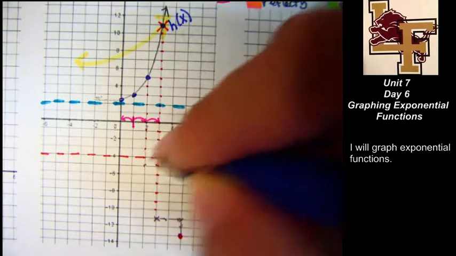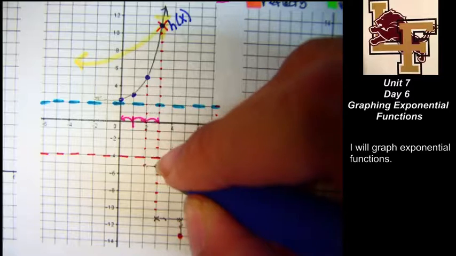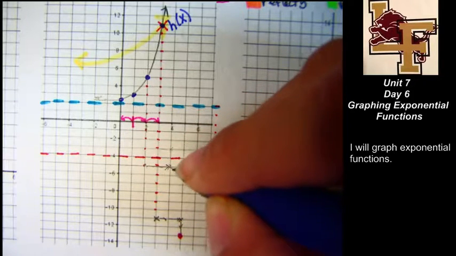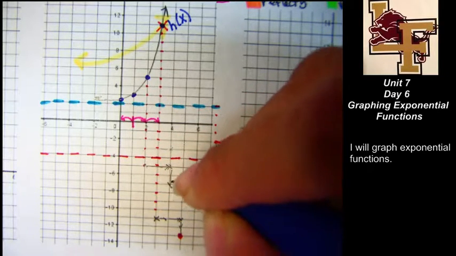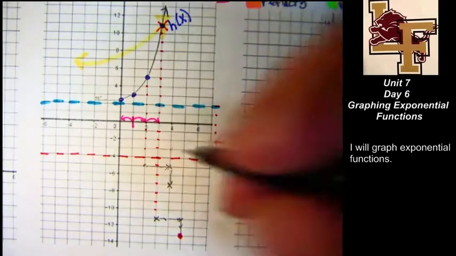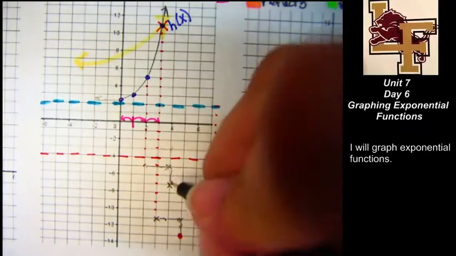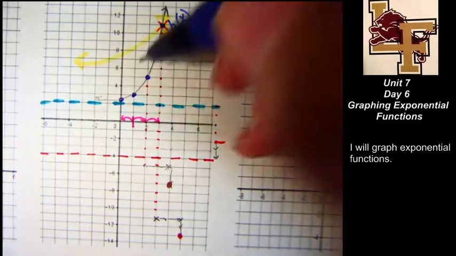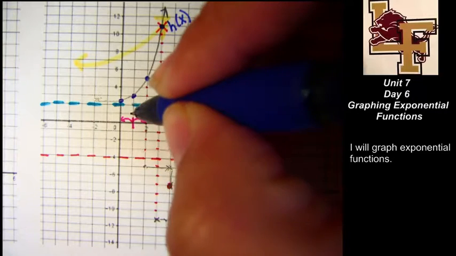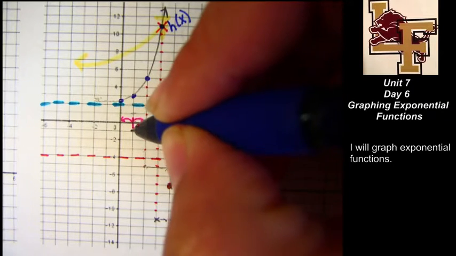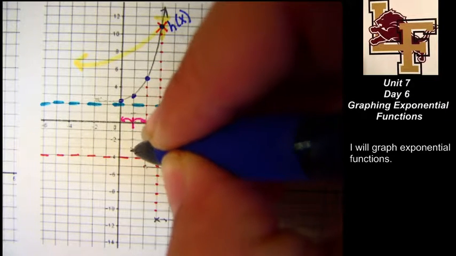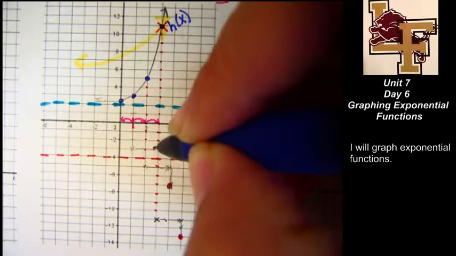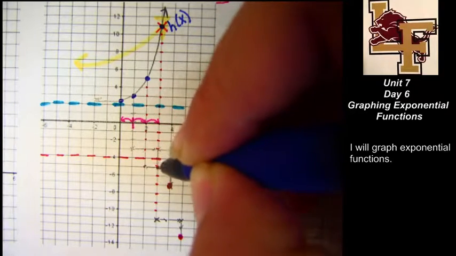Okay, there it is. And then we shove it over 2, and then we shove it down 2. And it's right here. Thank you. I was starting to realize, I was like, wait. 1, 2, 3. To the right 2, down 2.